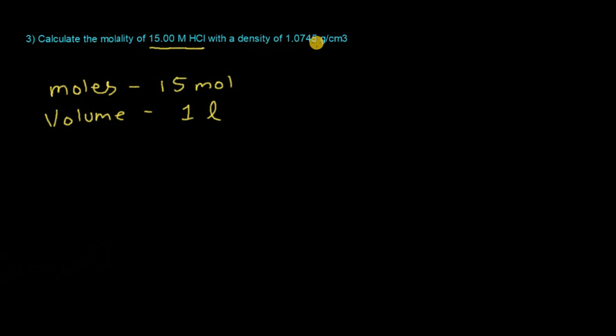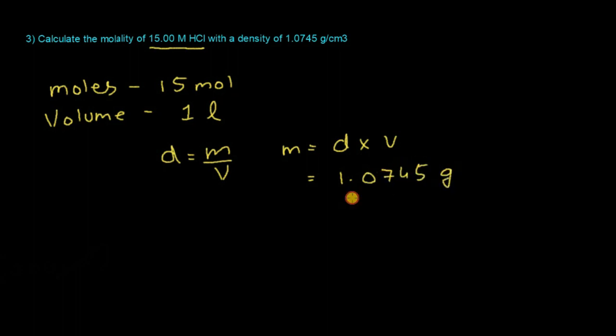Now they have given us the density as 1.0745 grams per centimeter cube. Density is equal to mass upon volume. Mass is equal to density into volume. Density is 1.0745 grams per centimeter cube into 1 liter. 1 liter, we need it in centimeter cube so that it cancels each other out. So 1 liter will have 1000 centimeter cubes.